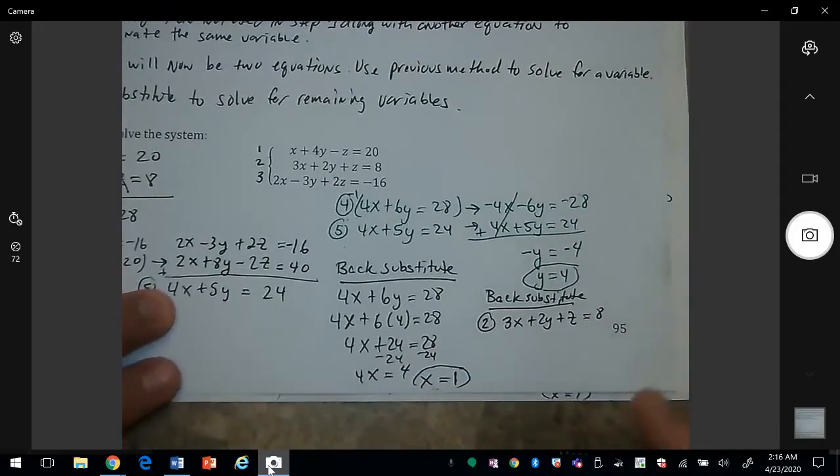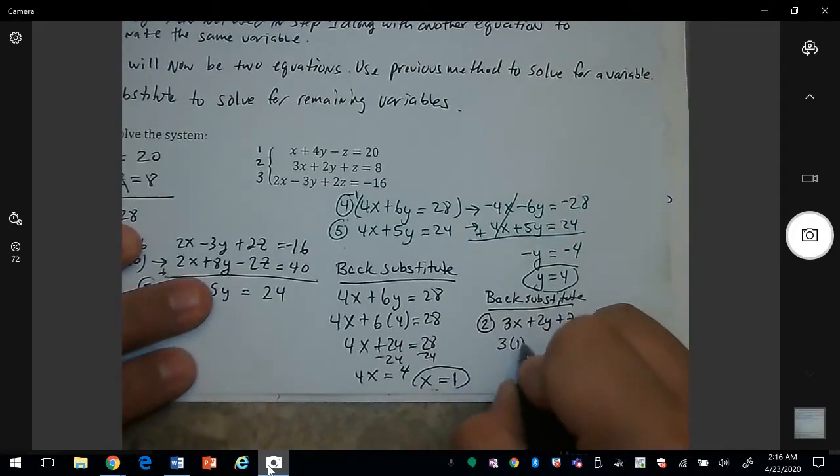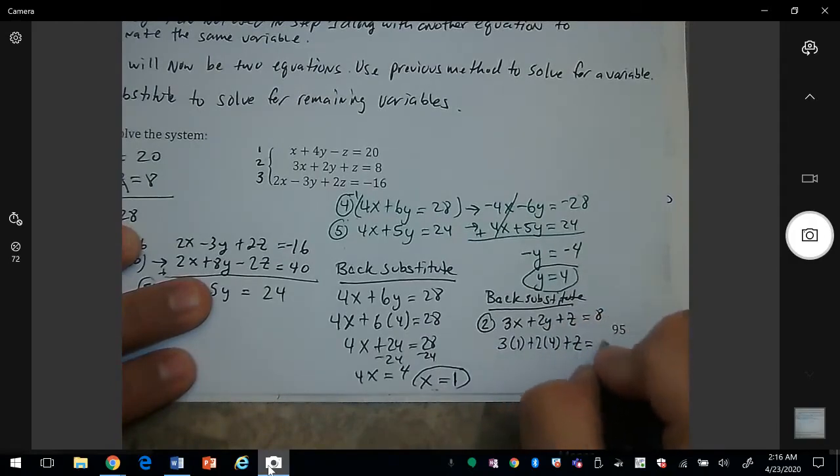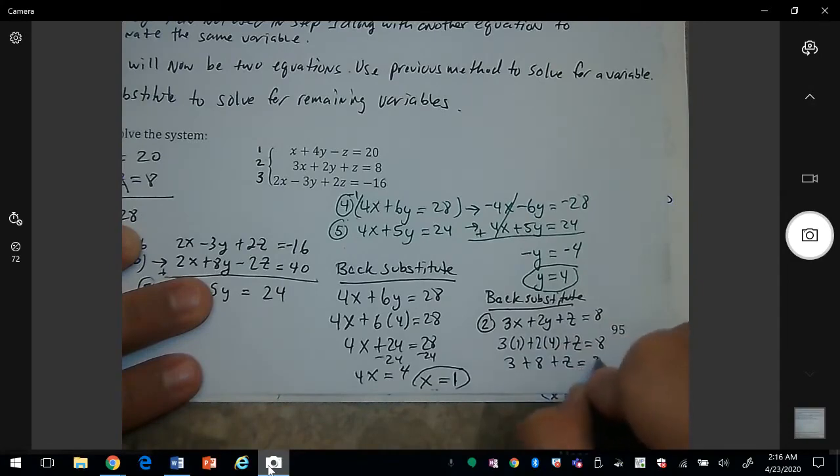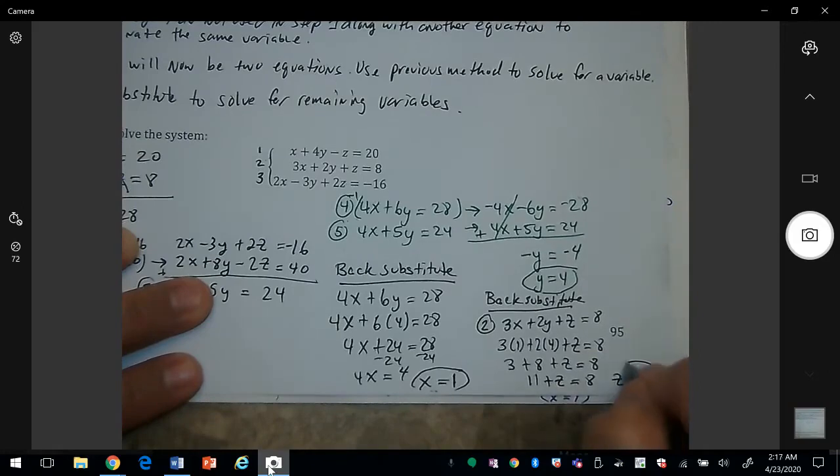Okay, so we know that x is equal to 1, y is equal to 4. 3 times 1 is 3, 2 times 4 is 8. 8 plus 3 is 11. Subtract 11 on both sides, and so we get z is equal to negative 3.